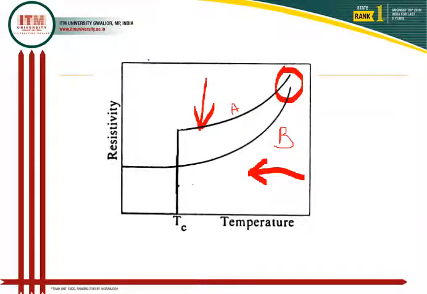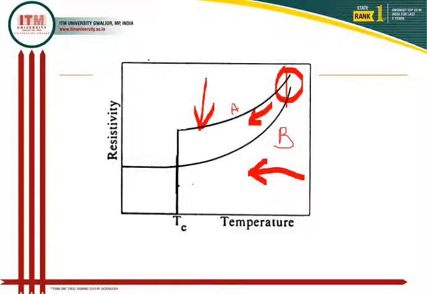You are observing a certain material, which you termed as A, having high resistivity as compared to B. So at this line you can see a material having very high resistance, and the second one has low resistance. But if we reduce the temperature, both graphs will take the same path.